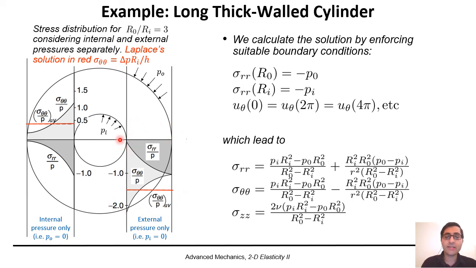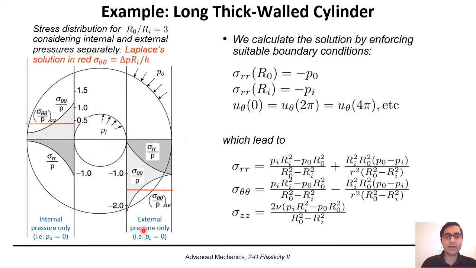This time you see that sigma RR, the radial stress, is 0 on the inner surface, where the pressure is 0. But still you see that we have circumferential stress there. The difference here is, in this case, we have the maximum radial stress on the outer surface. But again, we have the same as the previous case for the circumferential stress sigma theta theta, we have the maximum again on the inner surface.